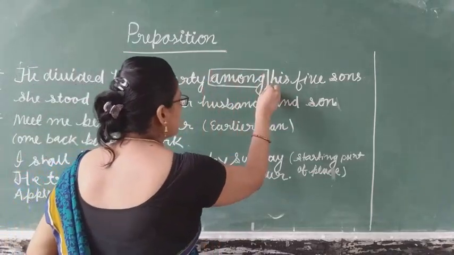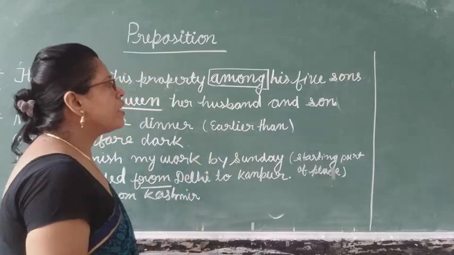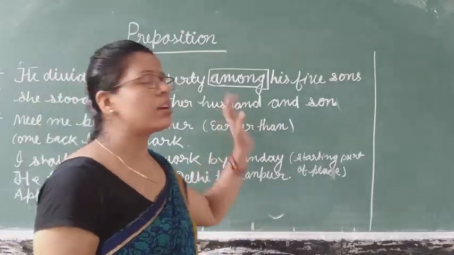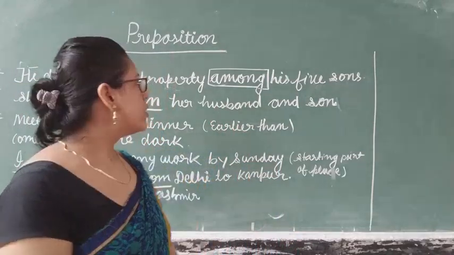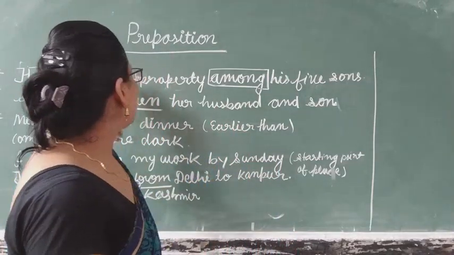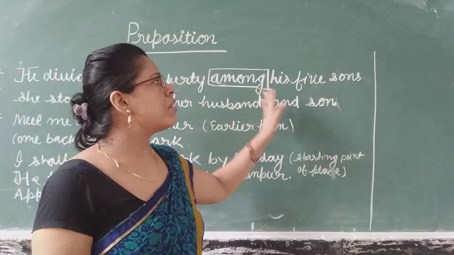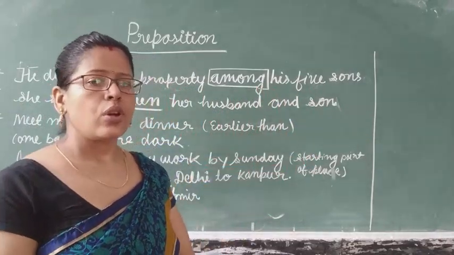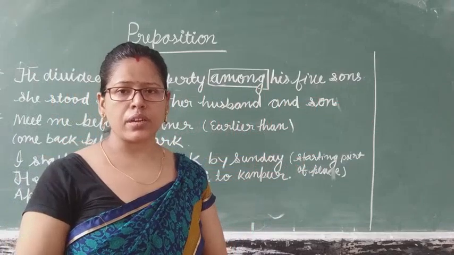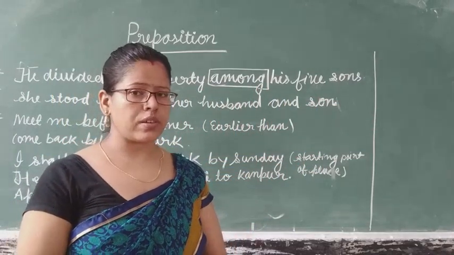It is among. That means we use the preposition among for more than 2 persons. So the rule is that we use among for more than 2 persons.